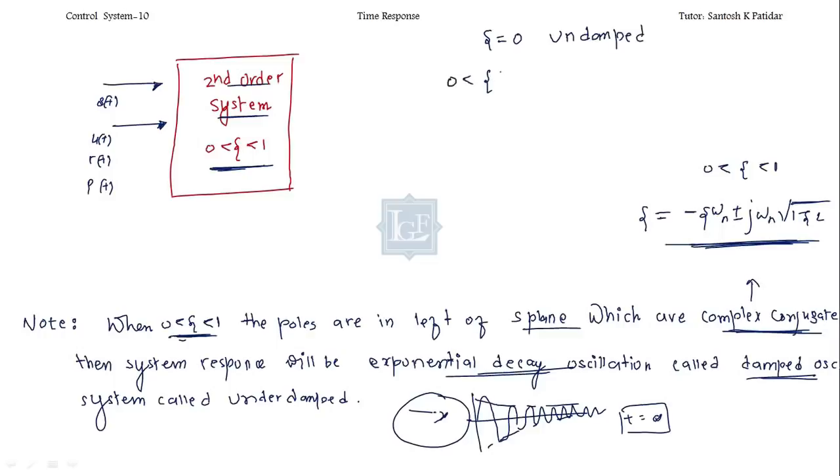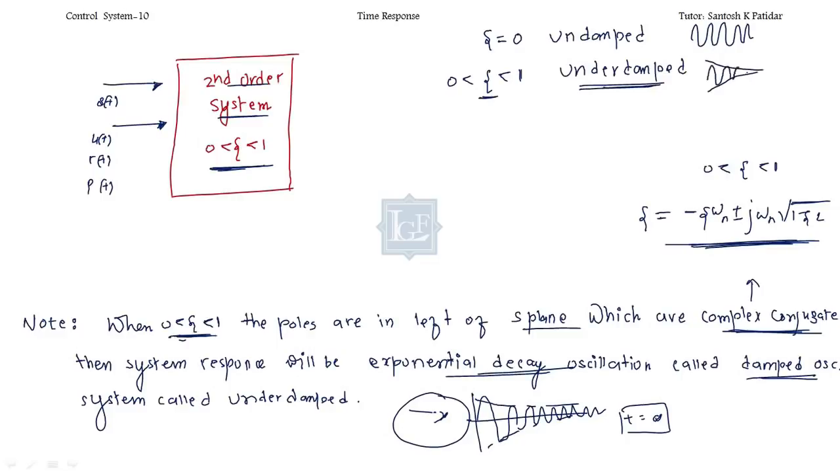When zeta is in between 0 to 1, you are getting an underdamped system. Earlier you were getting sustained oscillation, now the system is damped because you applied some zeta, the damping ratio. You'll get the decayed oscillation at the output.